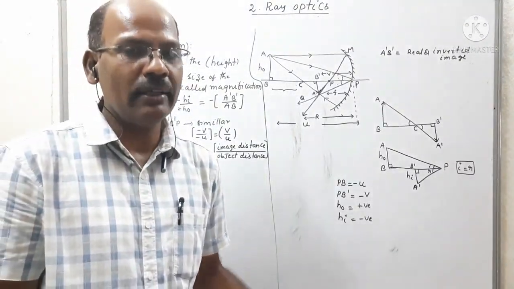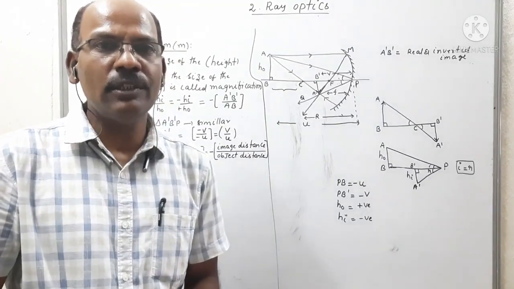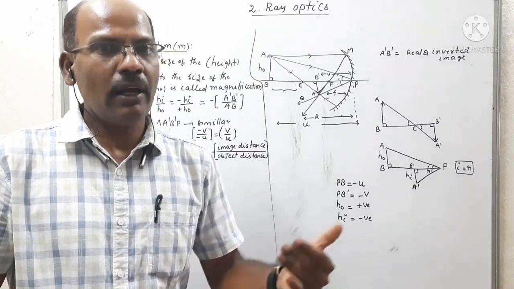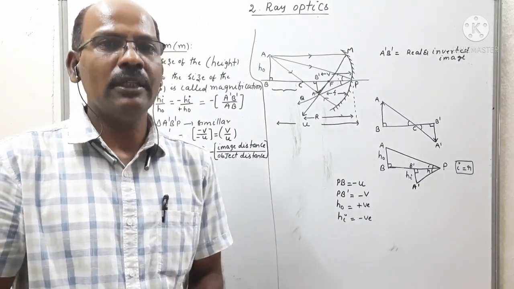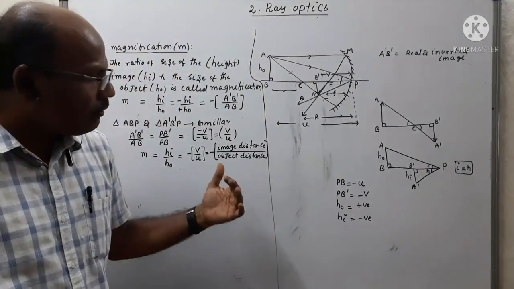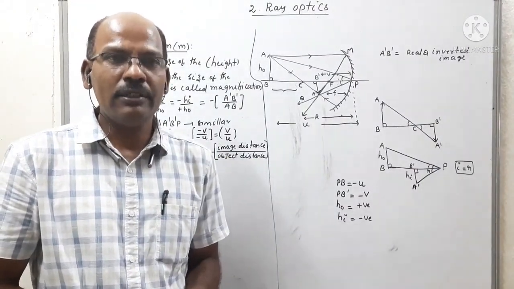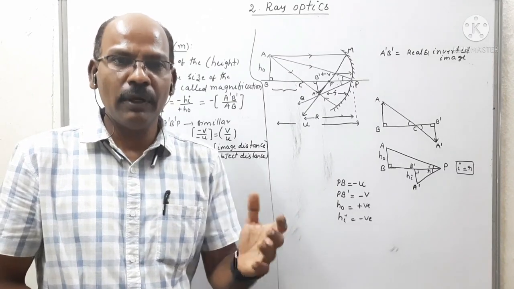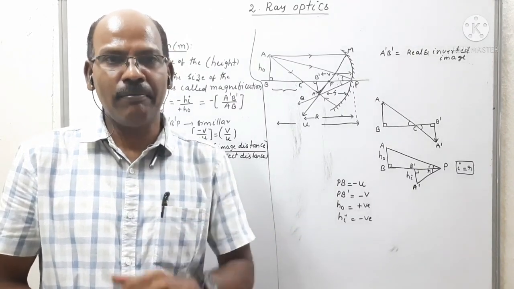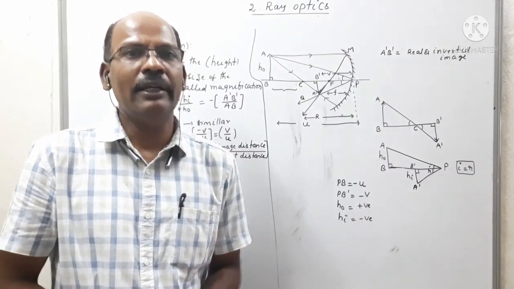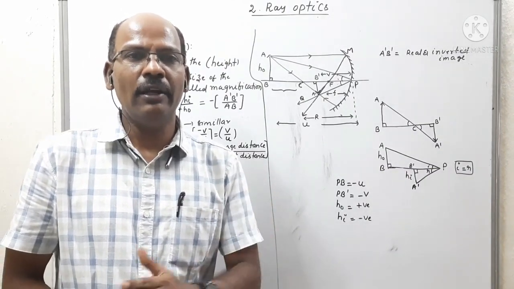Then the value of magnification is expressed in terms of focal length f and image distance, and focal length f and object distance. Later, we say that the image formed by the concave mirror is real and inverted, or virtual and erect, depending upon the value of m.